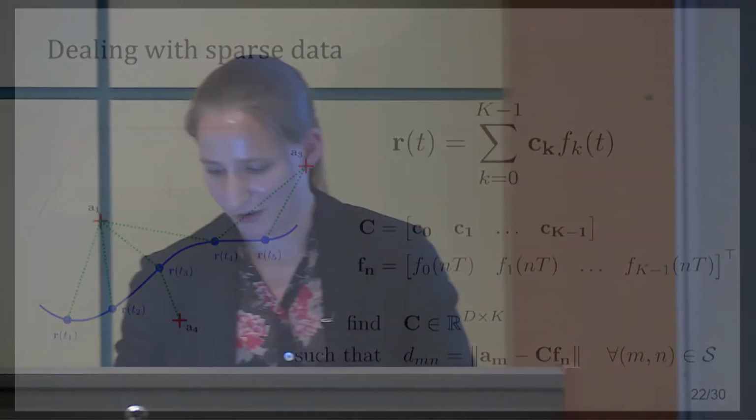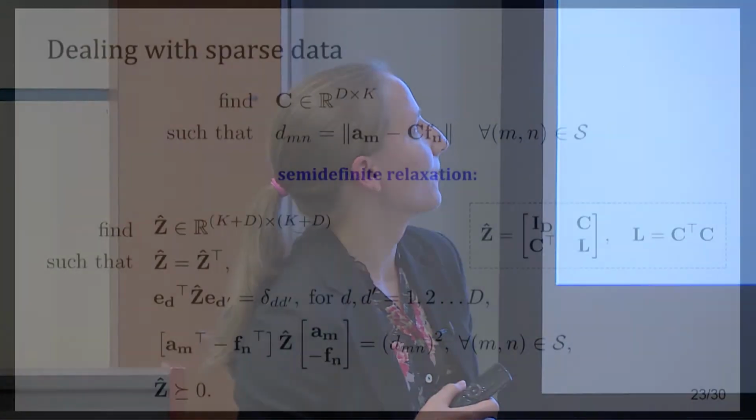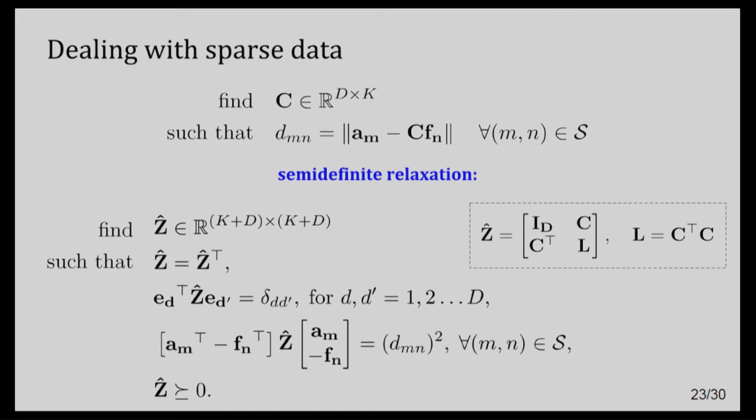And fortunately, I don't have to explain this because Professor Liberti showed in his tutorial that you could solve such problems with semi-definite relaxation. So we can introduce this new variable Z, where we basically have the identity and then our unknown coefficients C and C transpose.